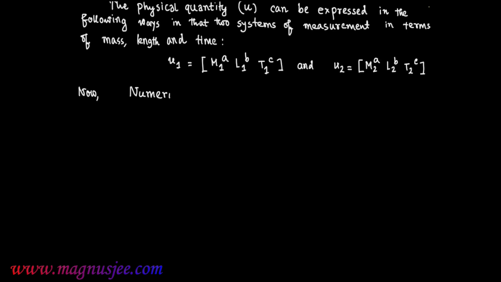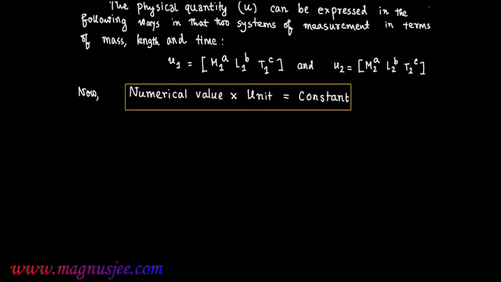Now numerical value into unit will be equal to constant. That means the product of numerical value and unit of a physical quantity remains constant for all the systems of measurement of that physical quantity.